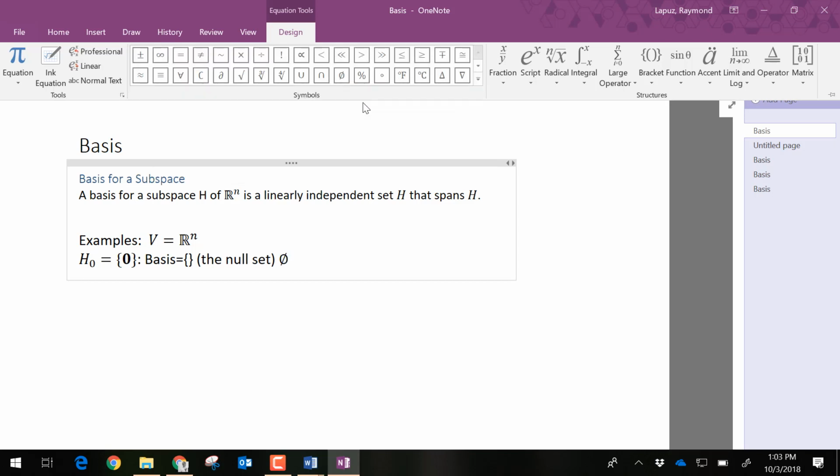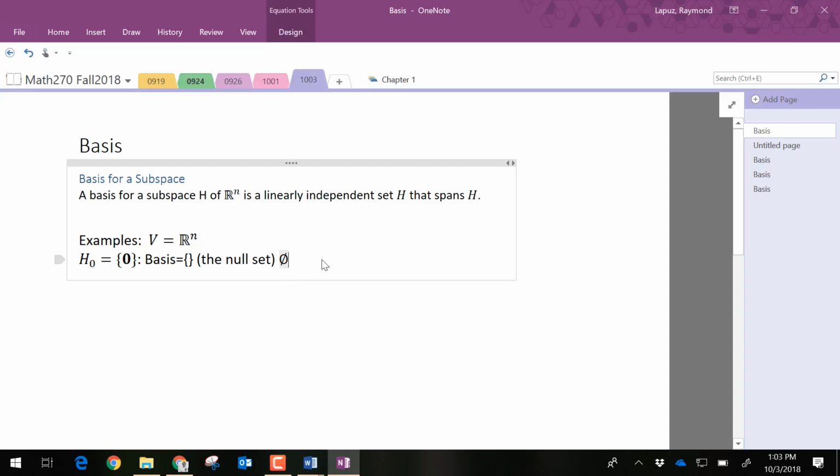There you go. So sometimes this is what denotes a null set. So in this case, the basis is nothing.